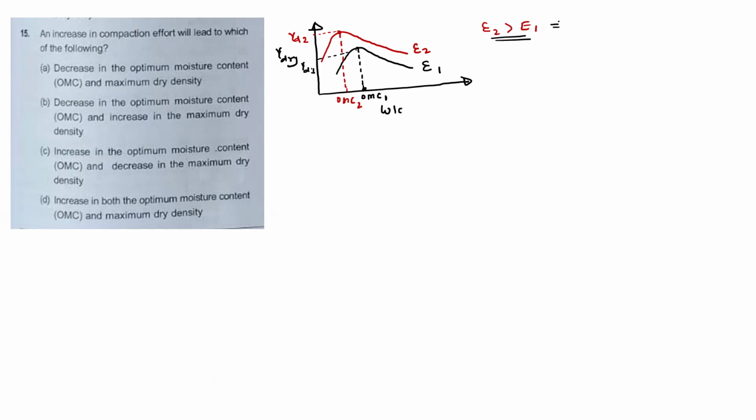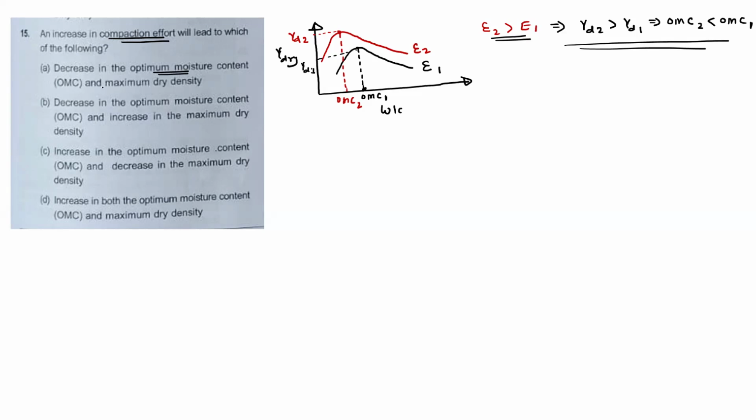So as compaction effort increases, this implies that gamma D increases, gamma D2 is greater than gamma D1, and optimum moisture content will decrease. So OMC2 will be less than OMC1. Okay. So as compaction effort increases, decrease in optimum moisture content, yes, this is true.